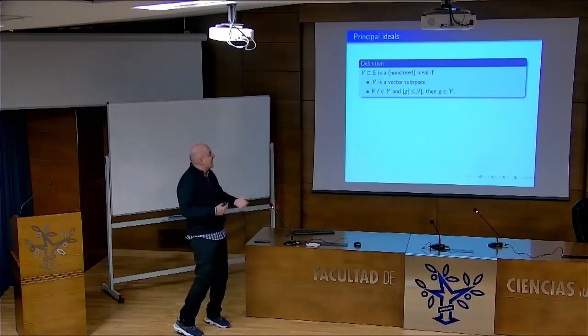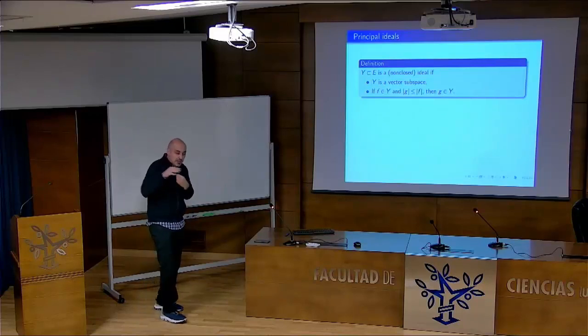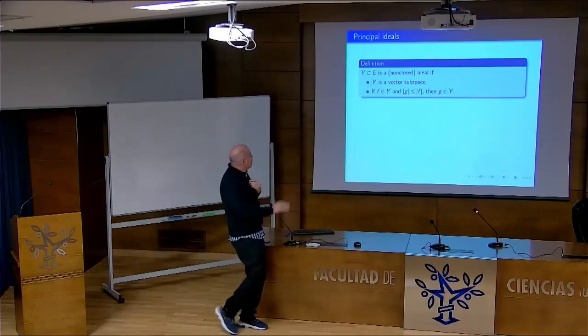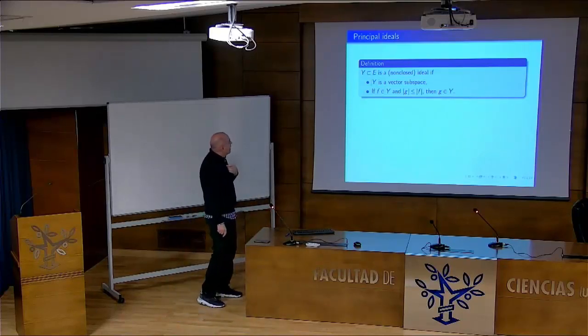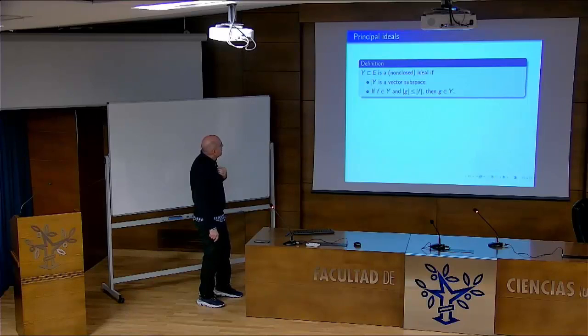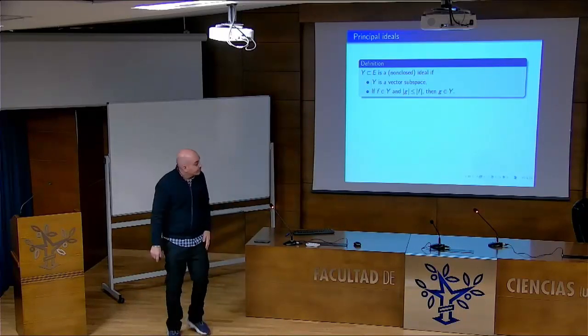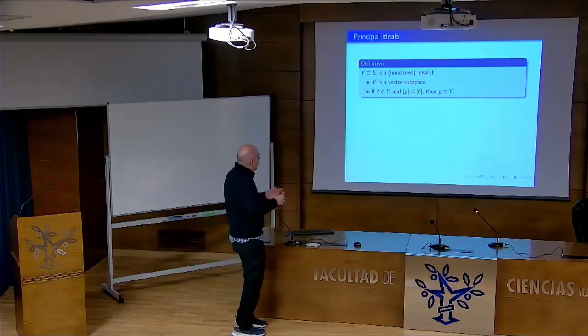This is actually the same as to say that you are the kernel of some linear lattice homomorphism. And notice also that here I don't demand when I say ideal that this is closed. Sometimes people would make this assumption, but for me an ideal simply doesn't have to be closed topologically.